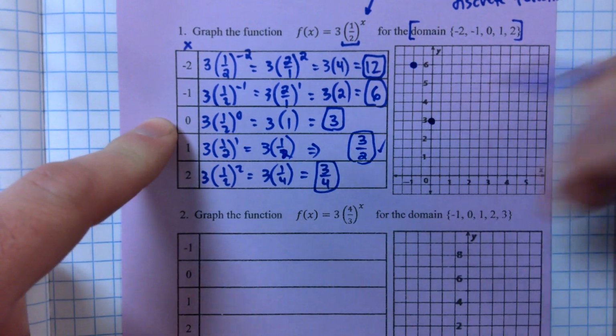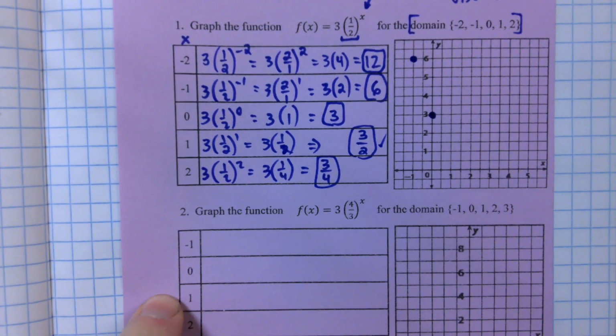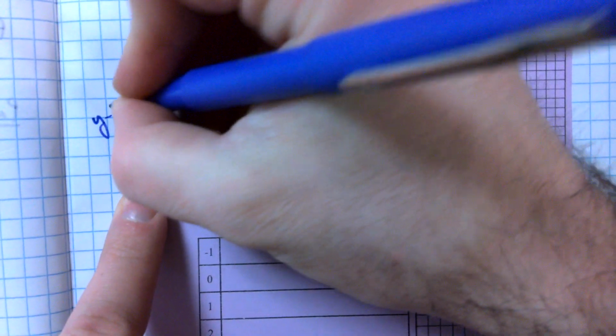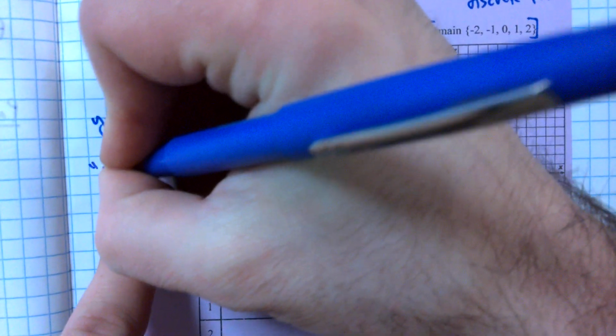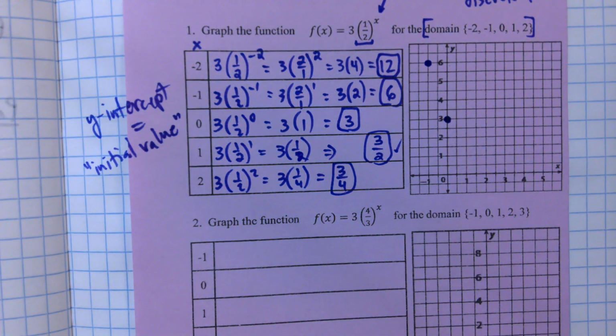What do we normally call that point when we're talking about linear functions? The y-intercept. Off to the side, we're going to write y-intercept equals initial value, which we already know from unit rate, word problems, all that good stuff.